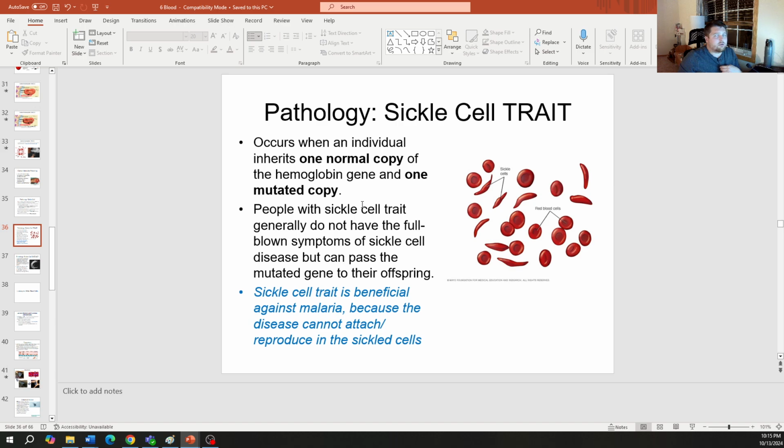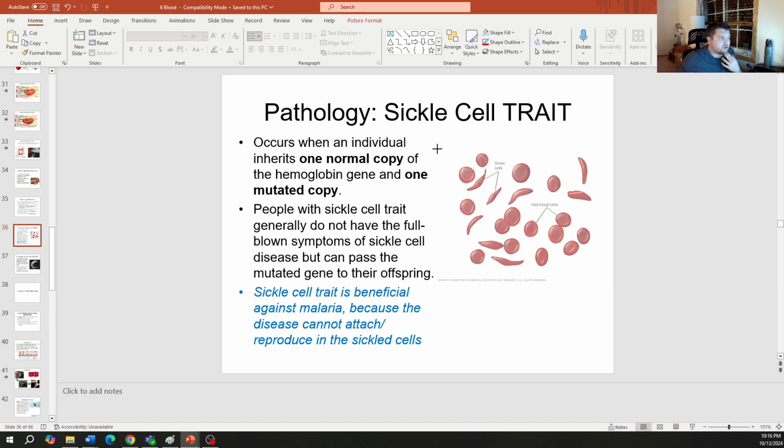They don't typically have full-blown symptoms, but you can have some minor issues with this. You might notice that somebody with sickle cell trait maybe can't run for as long. They don't quite have the same ability to deliver oxygen to the parts of the body that need it.